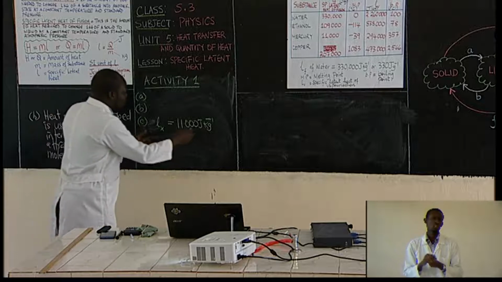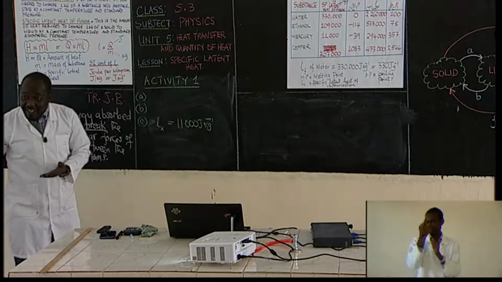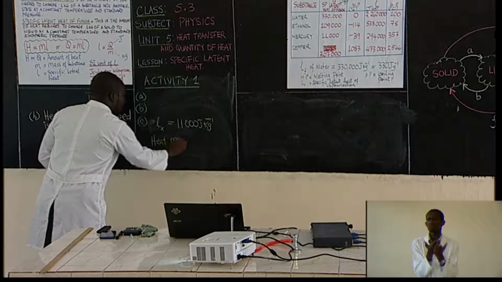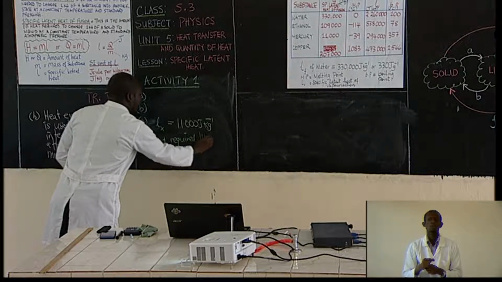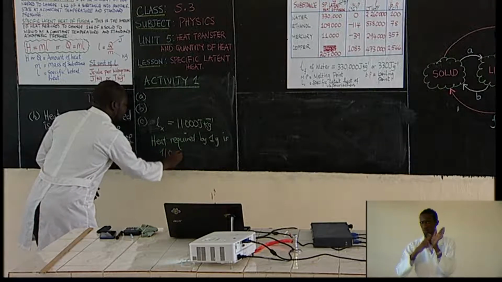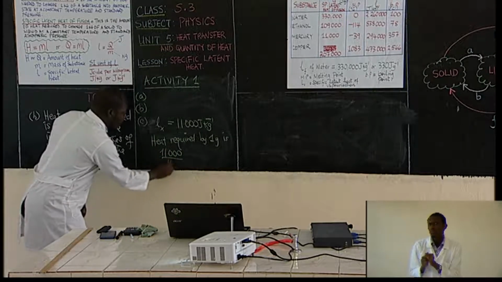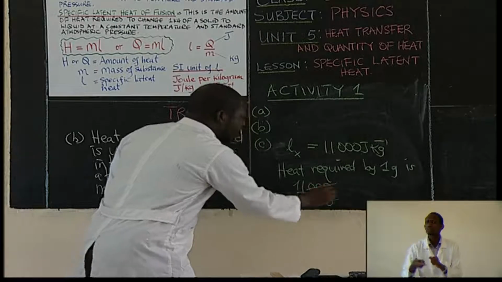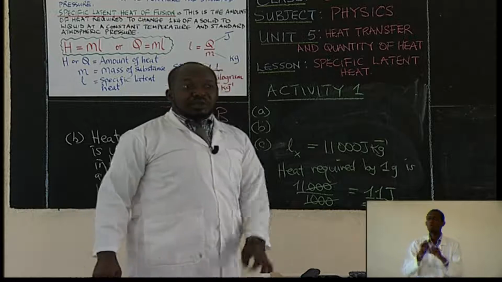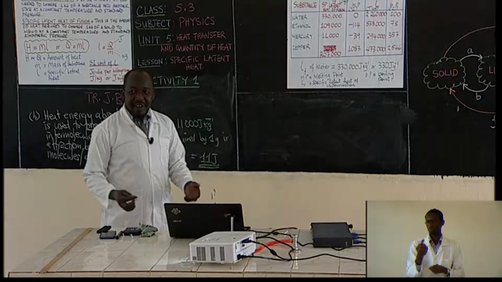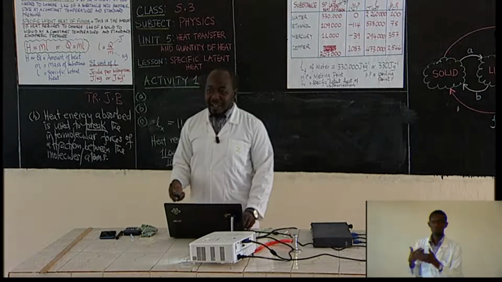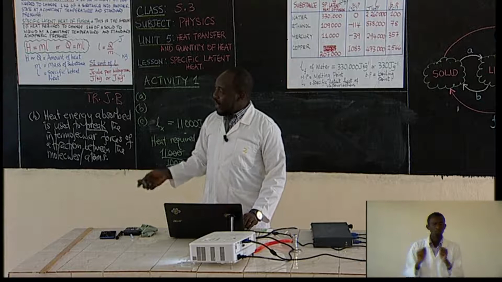So if you want joules per gram, because they're asking for 1 gram, the heat required by 1 gram is going to be 11,000 divided by 1,000. So the amount of heat required by only 1 gram is going to be 11 joules. And that is what we talked about before. Let's move to activity number 2.